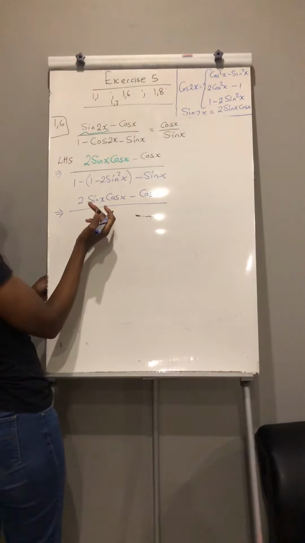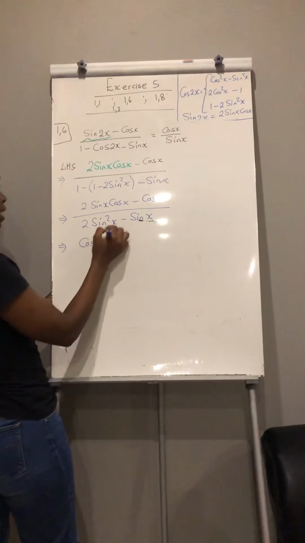So 1 minus 1 will cancel, but this 2 sine squared x will remain. So we are done with this part, but let's not forget there is minus sine x there as well. Like I said, if there are two terms, you won't have to worry. These are the first few identities we are proving, so you would find they are still very simple to handle, and I can factorize cos x on the numerator.